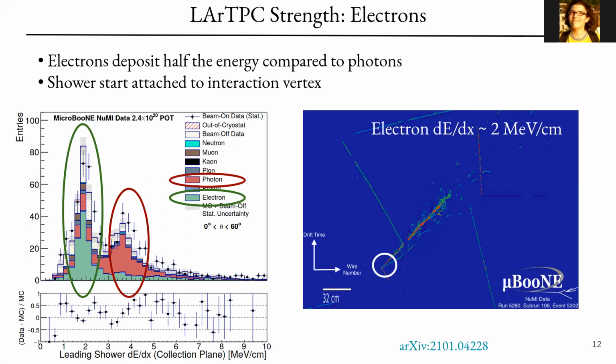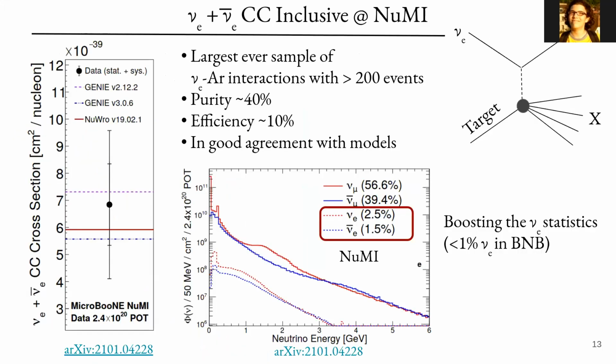And another thing that we can take advantage of is the fact that the electron shower start point is attached to the interaction vertex, which is exactly what you can see in the event display included here on the right. So with this discrimination power available in our hands, we performed our first inclusive measurement using electron neutrinos and antineutrinos using the NuMI beam line.